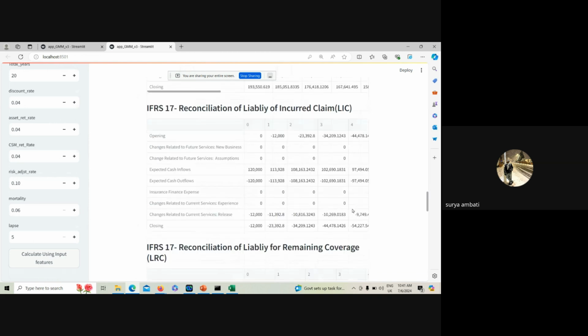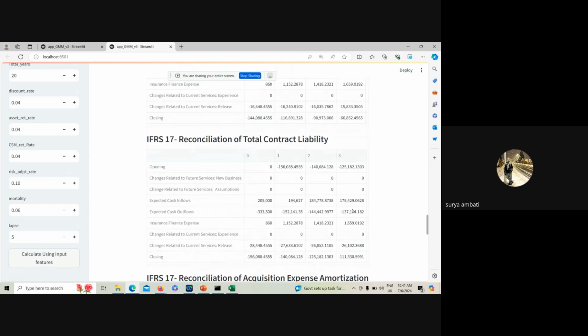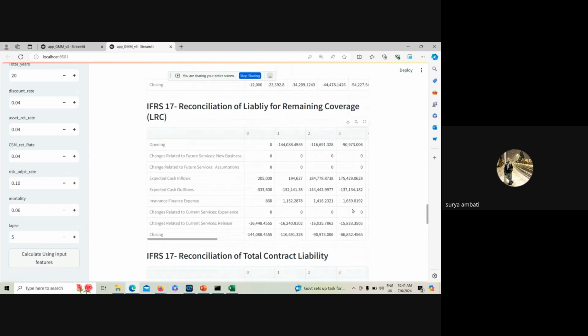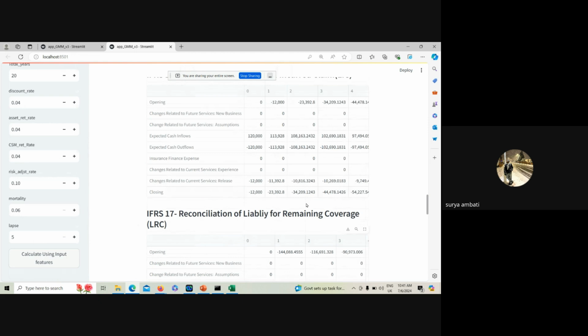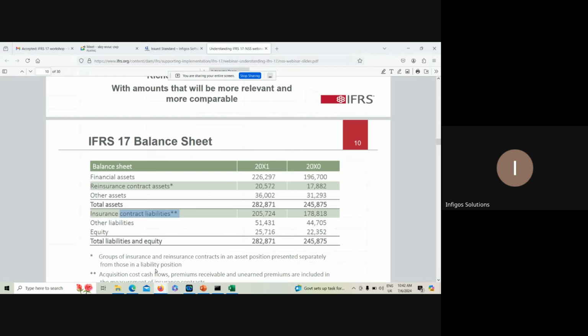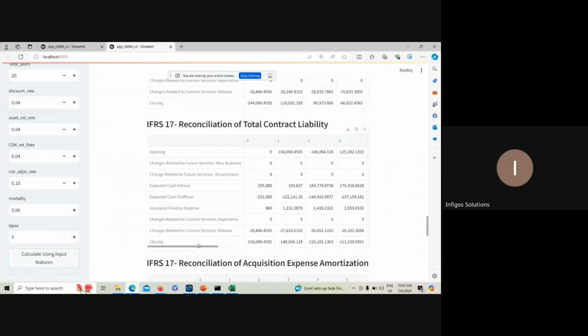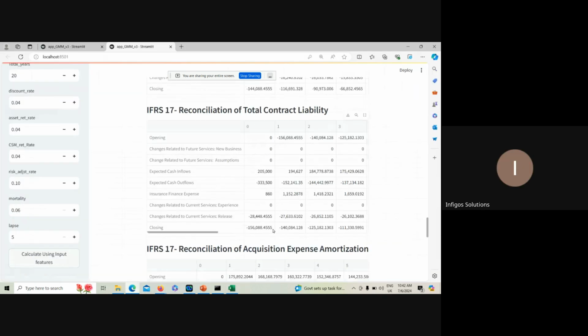Here I have multiple rows or parts that we calculated. Let's take remaining coverage or total contract liability. Is this total contract liability part of my balance sheet? If I go here to insurance contract liability, I will put these values. Okay.